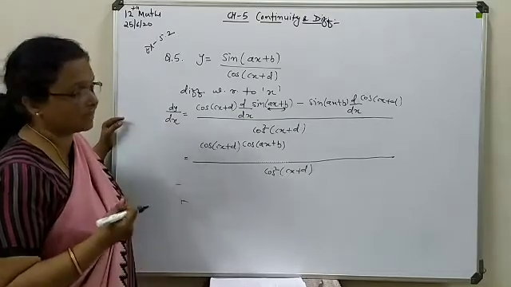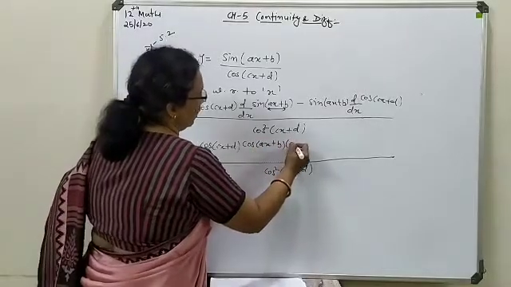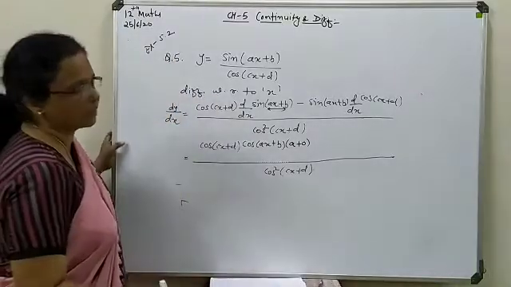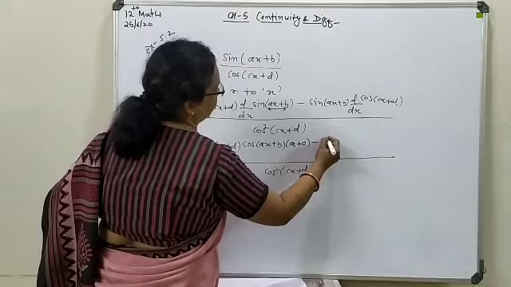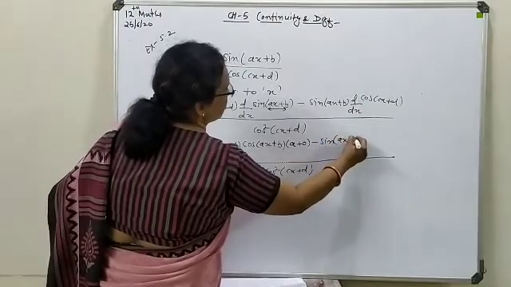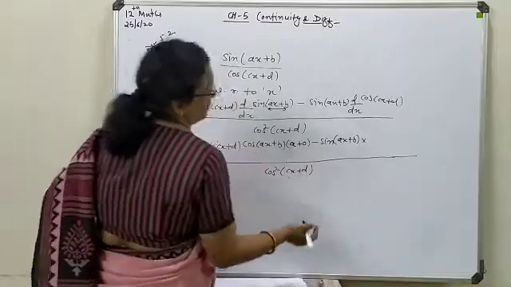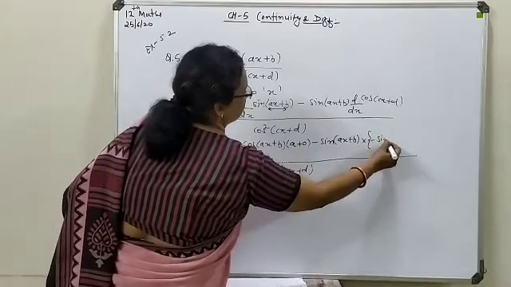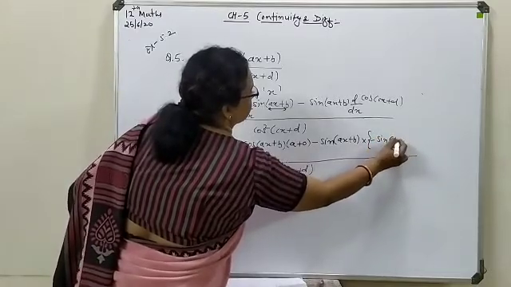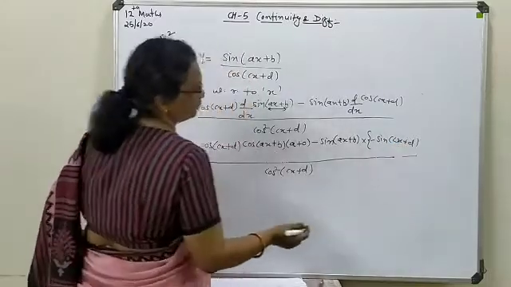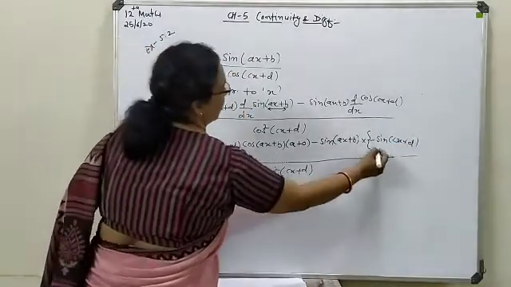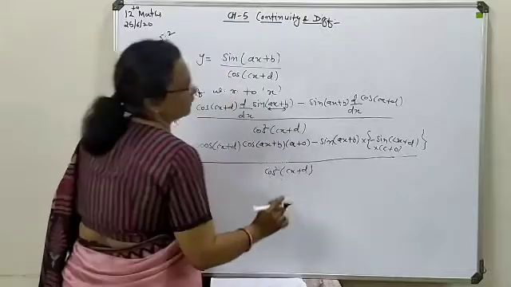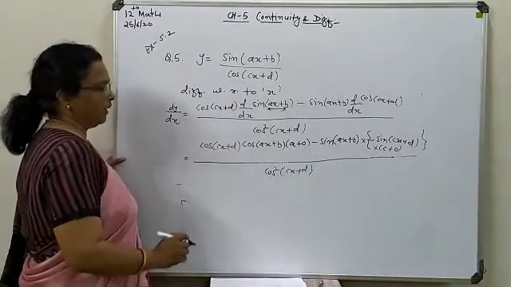For x you will have 1, so a will come, and being a constant, for b it will be 0. Move to the next, minus sin(ax + b). Derivation of cos is a negative quantity, so it will come out as minus sin(cx + d), and as a product form again you will have c plus 0. For x it will turn as 1. So this way this derivation will be complete.